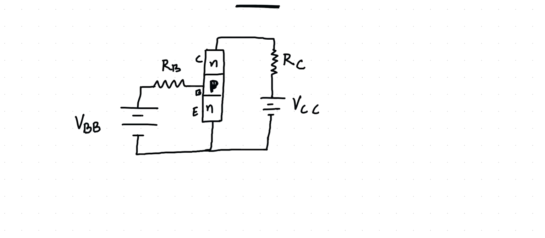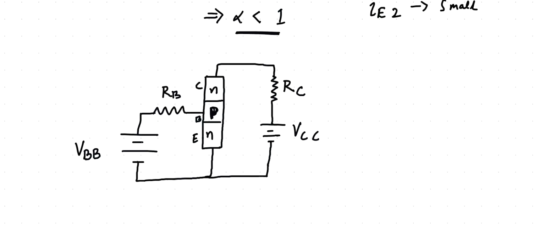Now, if I ask you what is VCC here, VCC can be written as IC, the collector current, multiplied by the resistance RC. Then we have VCB, the potential across C and B, and then the potential across the base and emitter, which is VBE.